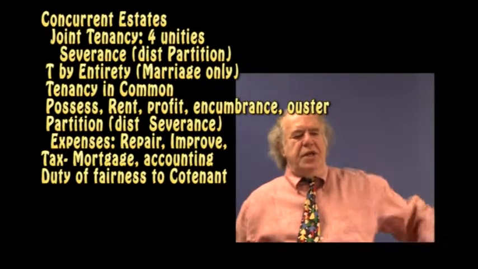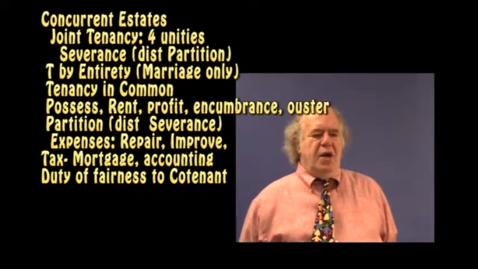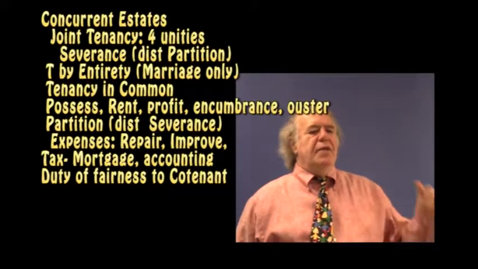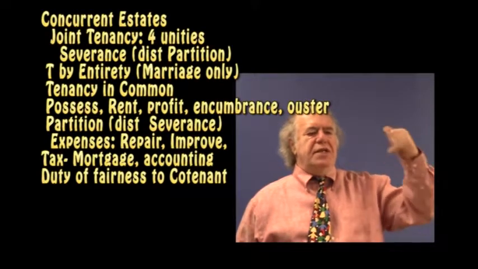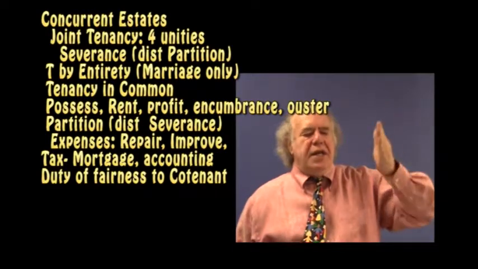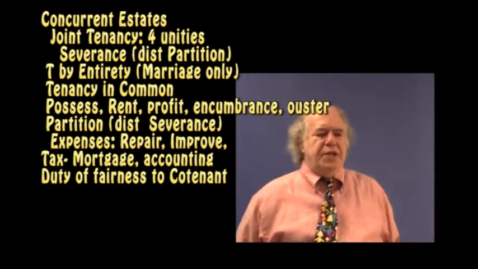A transfers her interest to C. Do we now have a joint tenancy between B and C? Does C get the same thing that A had? No. The transfer destroys the unities. It is now severed, and now B and C are tenants in common. They are not joint tenants when there's a transfer.